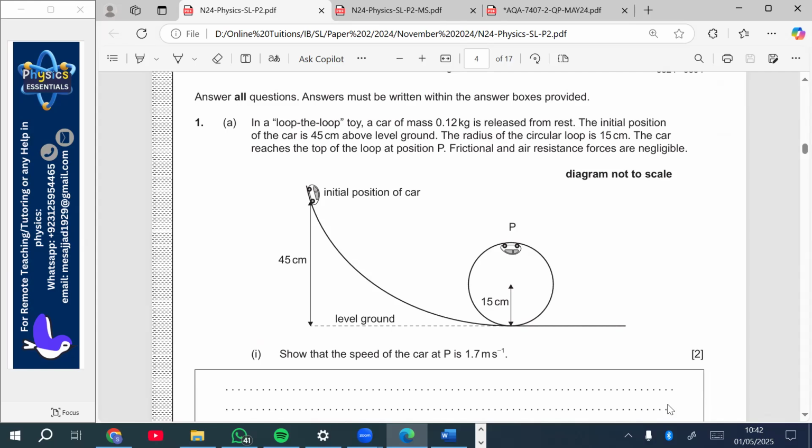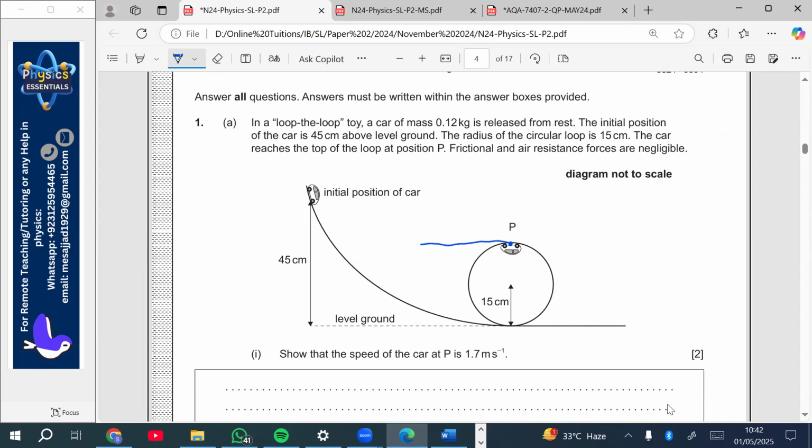So you can see that when the toy car reaches here, it is at a height of 30 centimeter. Initially, it started at 45. So the car actually declined by 15 centimeter.